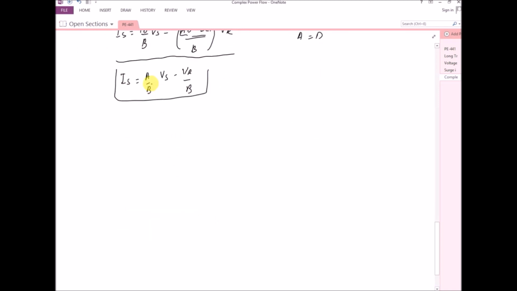So now I will replace the constants as well as the voltage values with their magnitude and phase parts. So it will become A divided by B Vs angle theta A minus theta B plus delta minus VR over B angle minus theta B. So this is your sending end current.